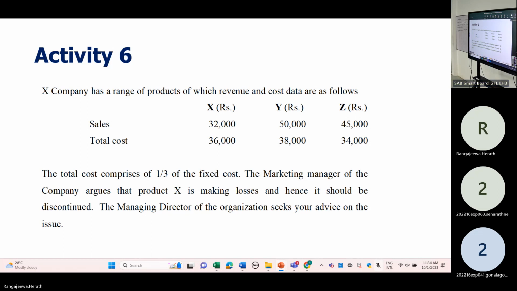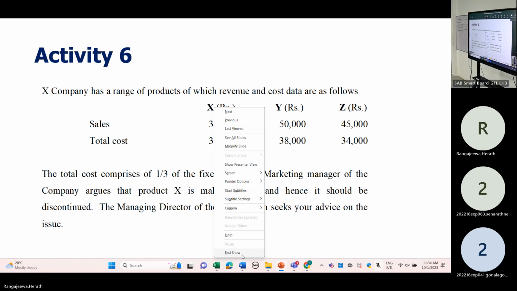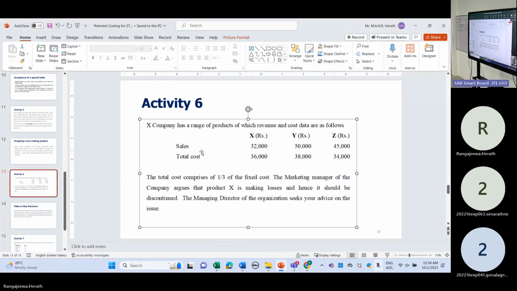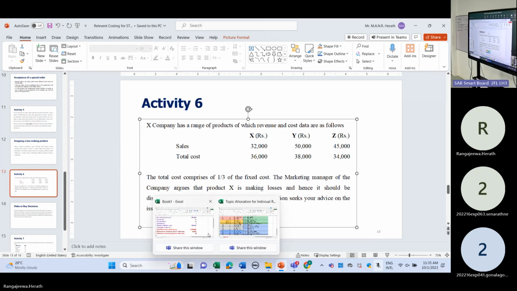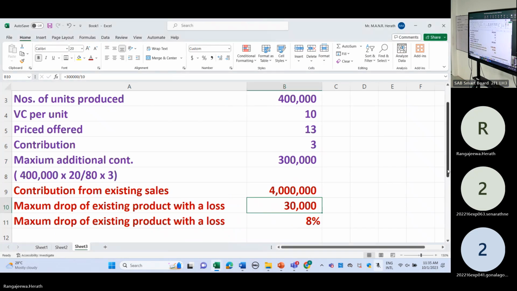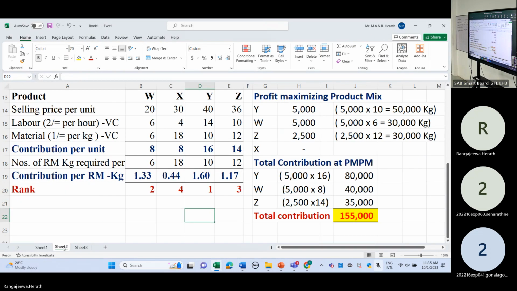First, we can take this information. First thing, you have to break this cost into two categories. 1/3 is fixed. That means 2/3 is variable. So we can have a schedule like this.